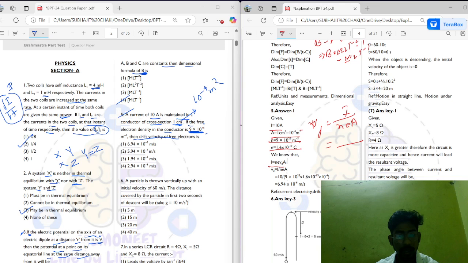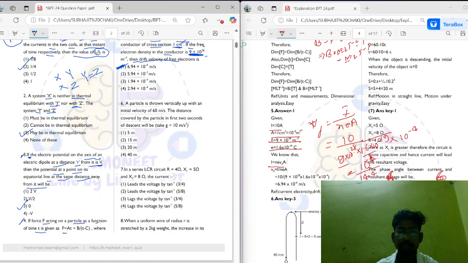If you multiply 14.4 with 7 you will get around 100, so the answer is 7 into 10 to the power minus 4. This is the nearest value. Check which option you are getting, you will get the answer 6.94 or 7. Just do the approximation and you will get the answer.